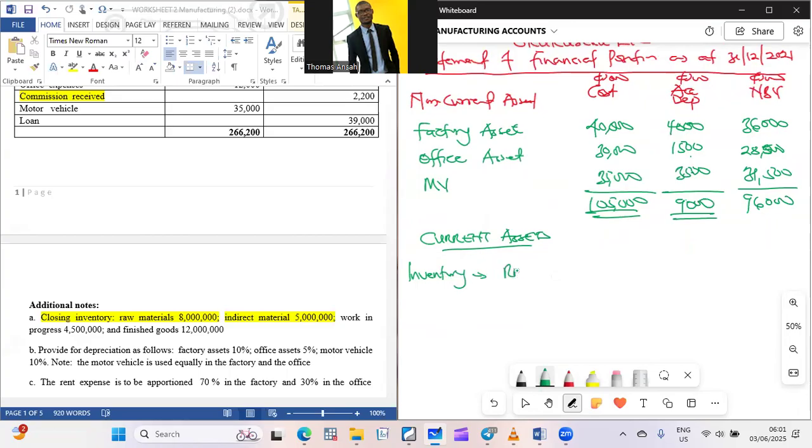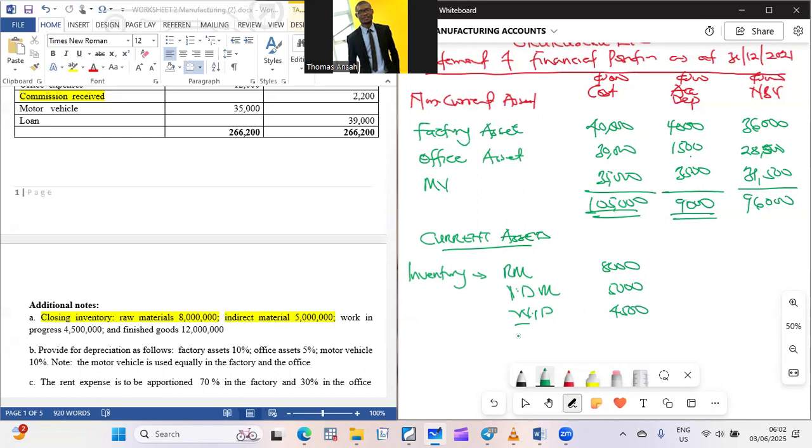We have raw materials, which is 8,000. We have indirect material, which is 5,000. Remember, footnotes are treated twice. And we have the WIP, which is 4,500.